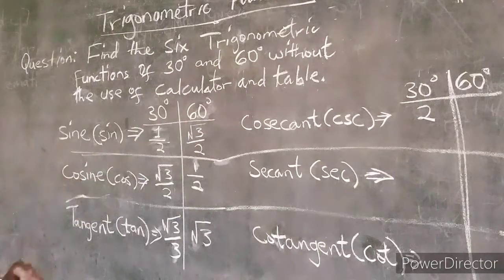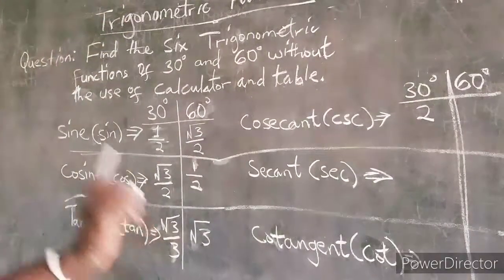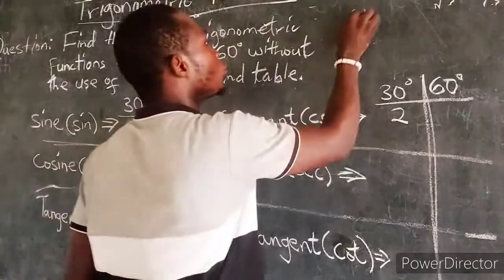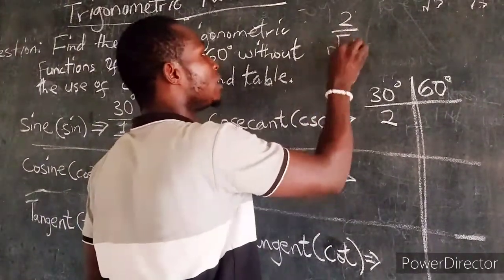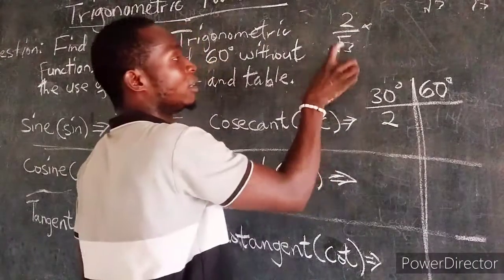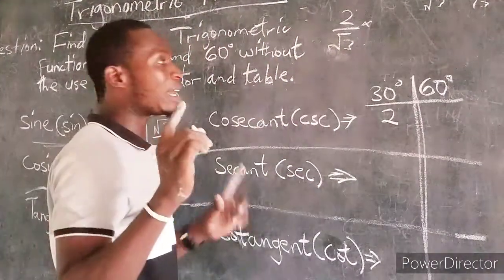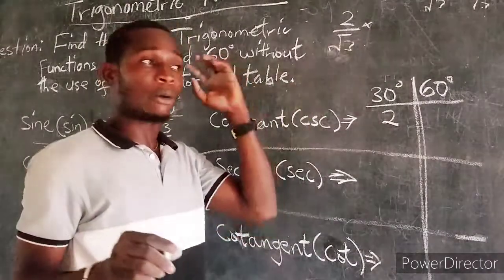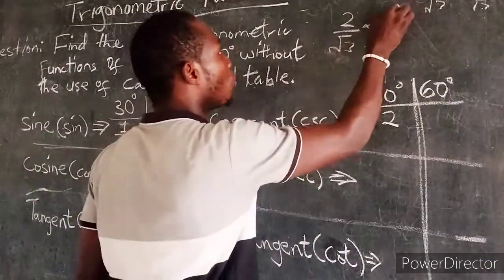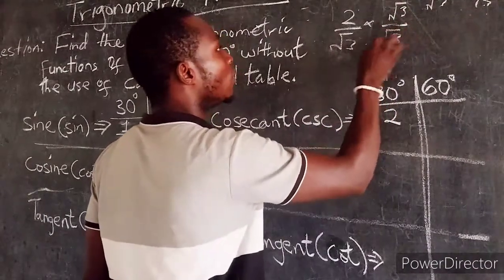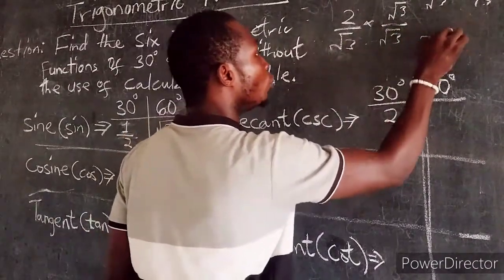So it means that cosecant 60 degree will be 2 over the root of 3. But with 2 over the root of 3, mathematically, the radical sign is in the denominator, so we have to rationalize. Therefore we multiply the numerator and denominator by the root of 3. So this will be 2 root 3.